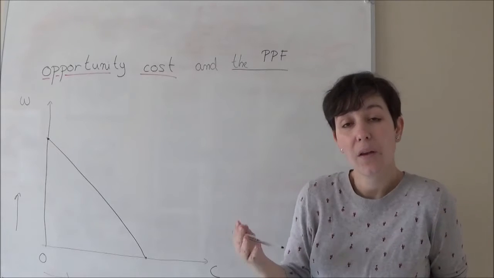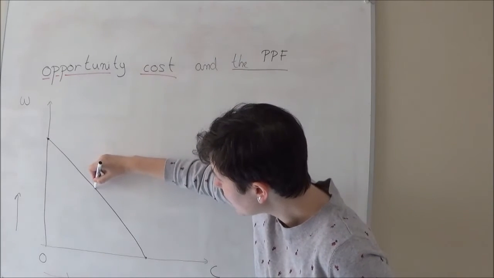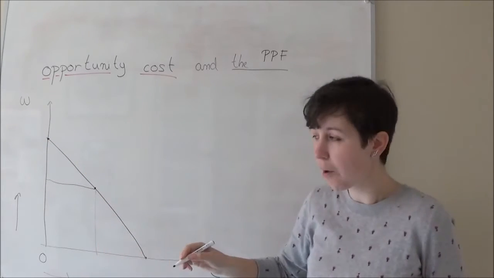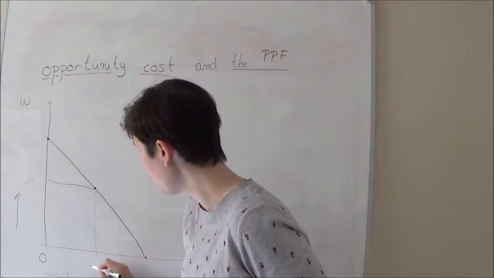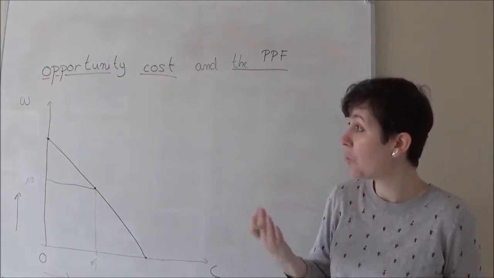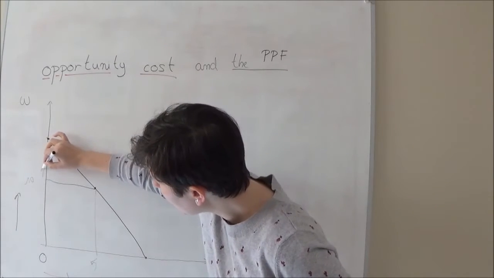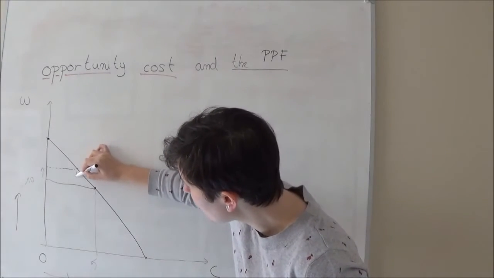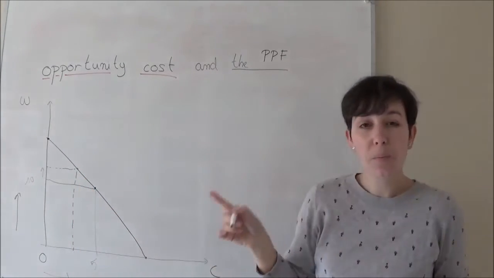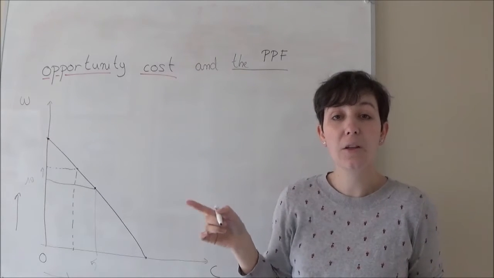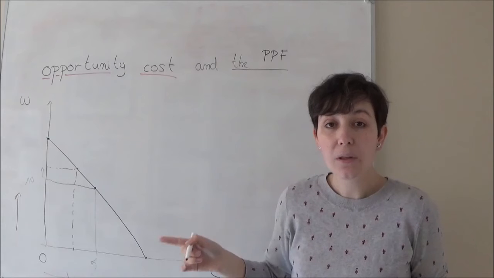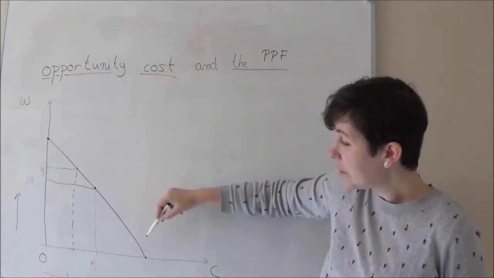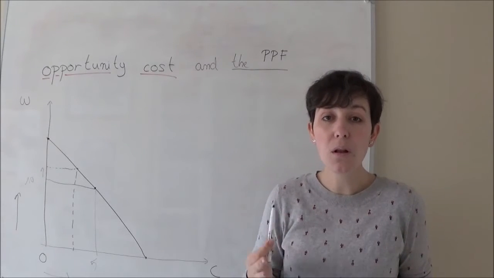If I'm here, for instance, this is the production that I'm already doing. I'm going to mention numbers, it can be 10 versus 5. If I want to produce a higher amount of wine, like 11, I'm surely going to produce less cheese, because for the production of that extra wine I need more labor, and that means labor that I have to take from the other sector, given that in this PPF I'm always using my whole amount of labor.